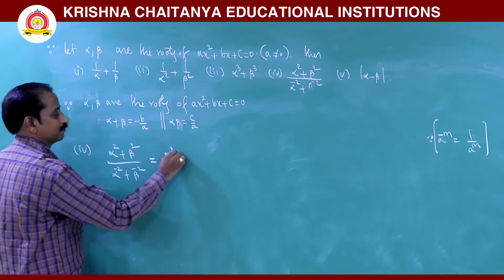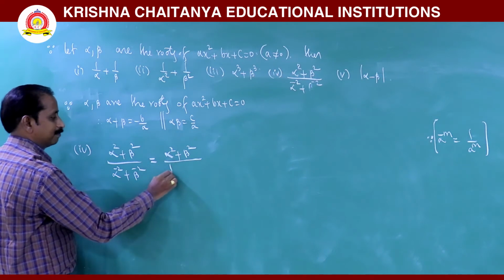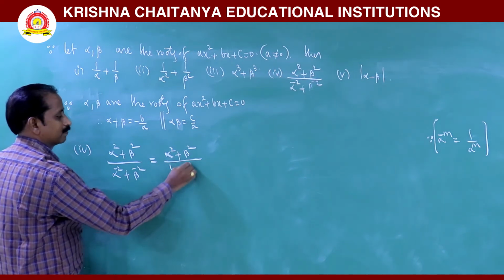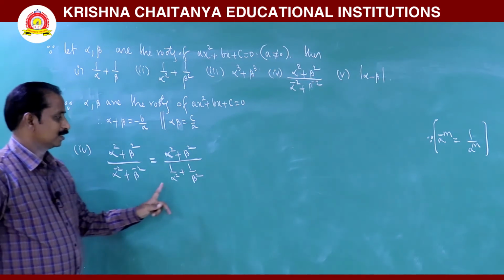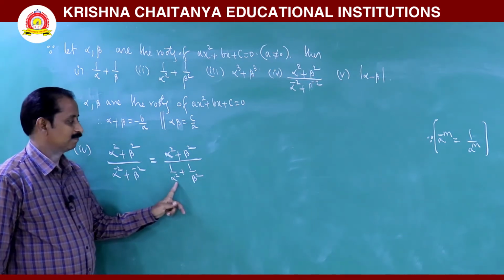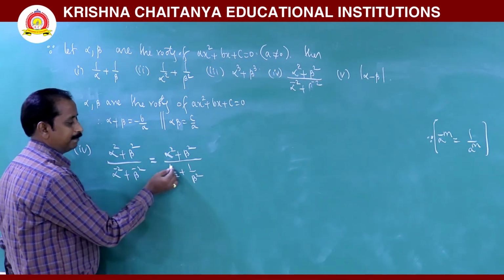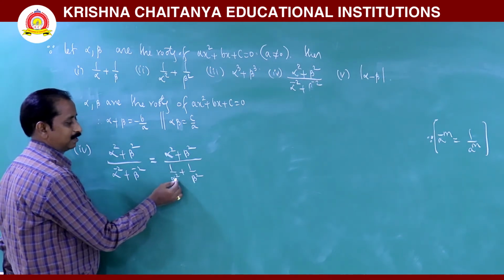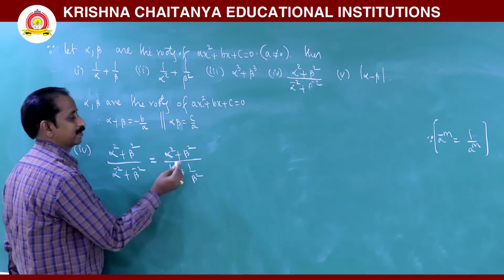So alpha square plus beta square whole divided by 1 by alpha square plus 1 by beta square. What is LCM? Alpha square into beta square. After LCM, beta square plus alpha square by alpha square into beta square.